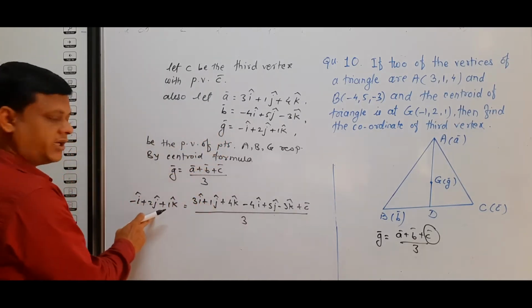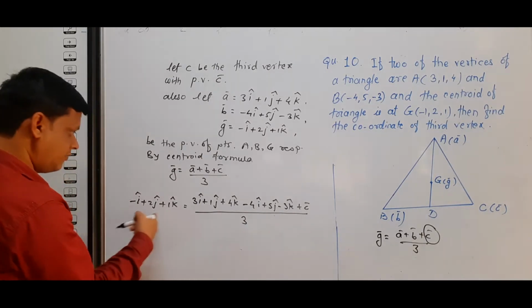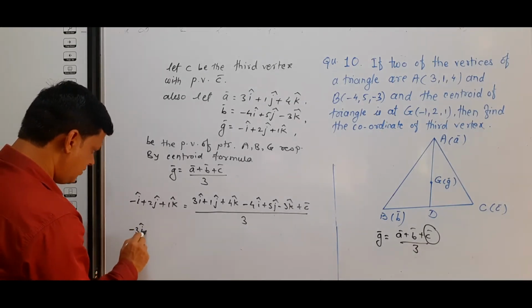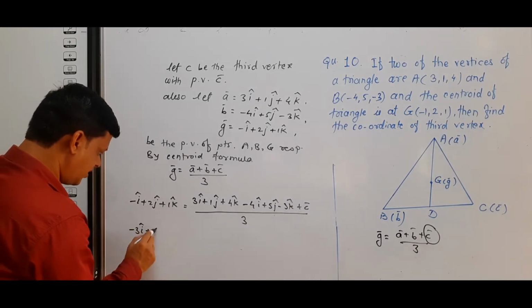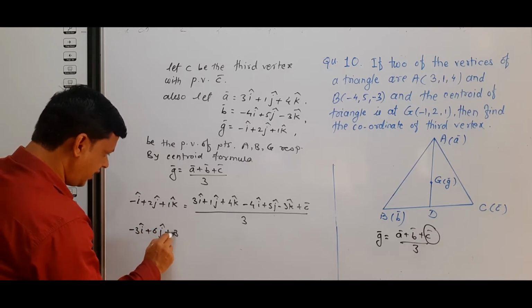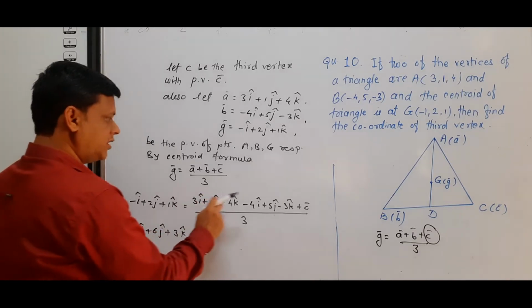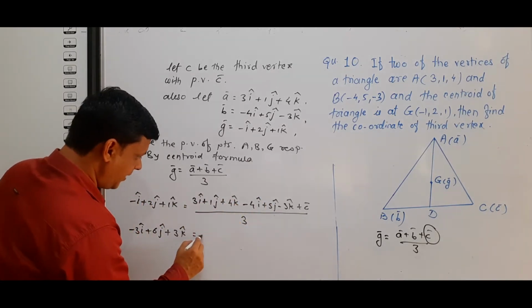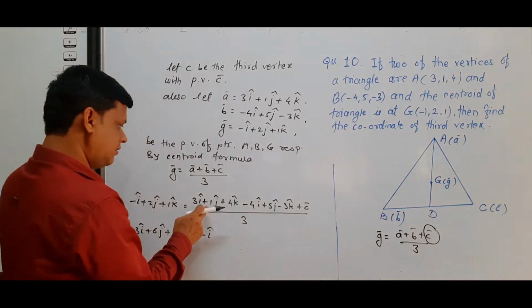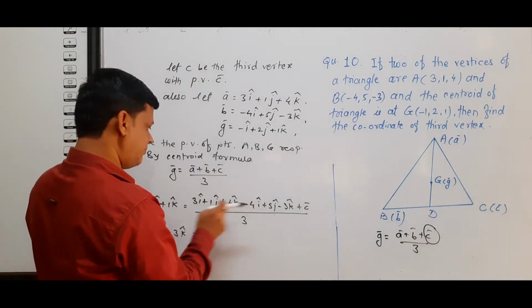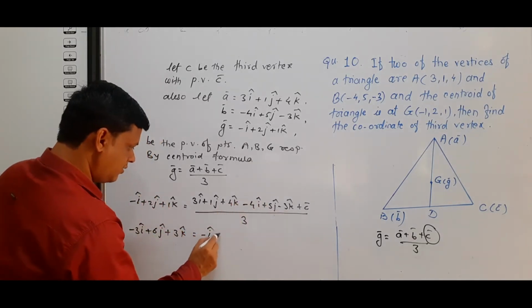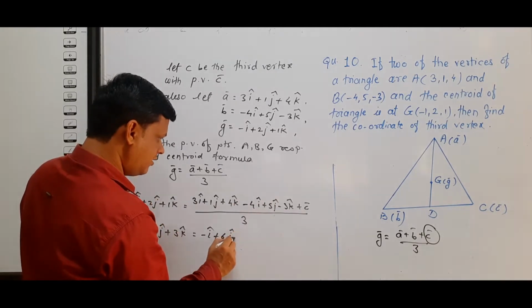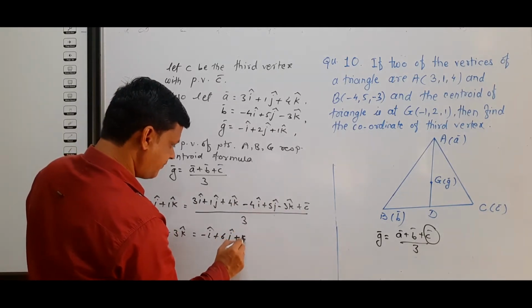Now transfer this 3 to the left hand side, multiplying each term of the left hand side, we get minus 3i plus 6j plus 3k equals, here we add the like terms: 3i minus 4i, we get minus i, then 1j plus 5j, we get plus 6j, 4k minus 3k, we get simply k, plus C bar.